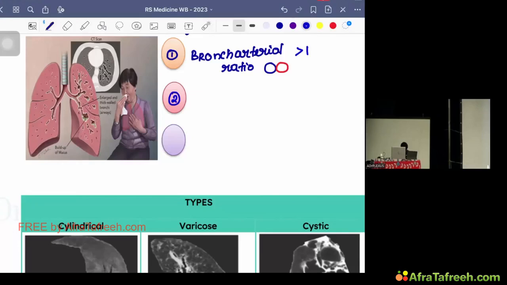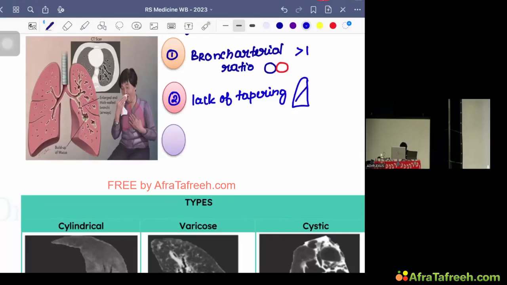The second important thing is lack of tapering. A normal airway will taper towards the peripheries. Instead, if the tapering is not present and the airway is dilated all through, then it is bronchiectasis.